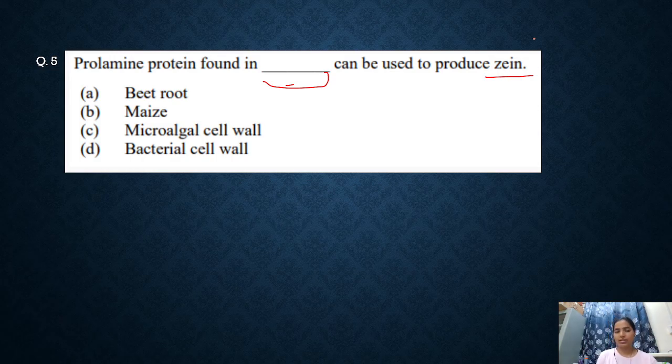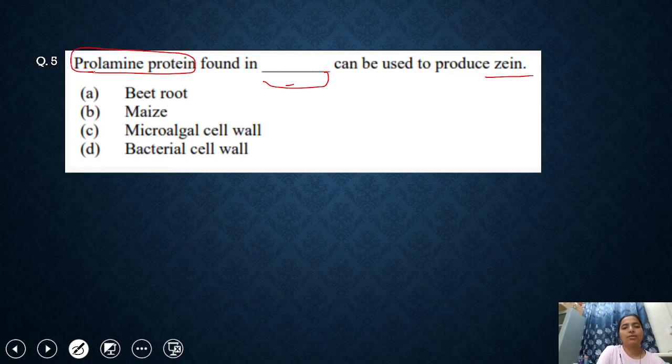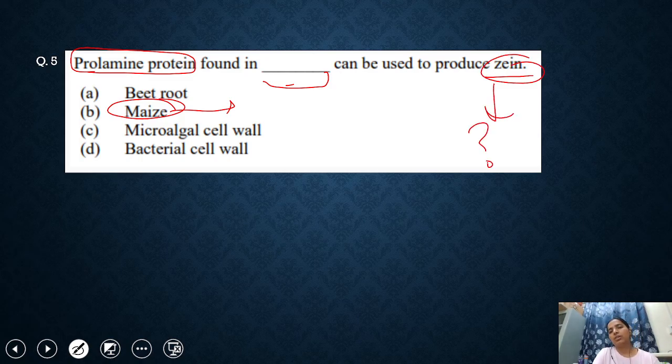Okay, Satvika, maize. Yeah, this is correct. This prolamine protein is mainly found in maize and can be used to produce zein. Can anyone tell why this zein is used, or what is the function of this zein protein? The correct answer is B, that prolamine protein present in maize is used to produce zein.